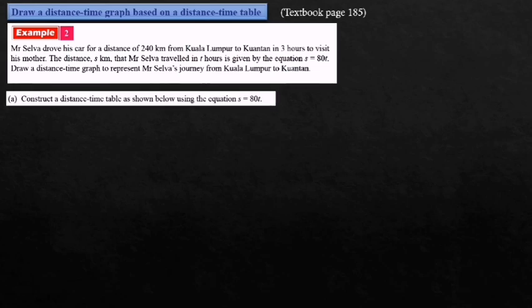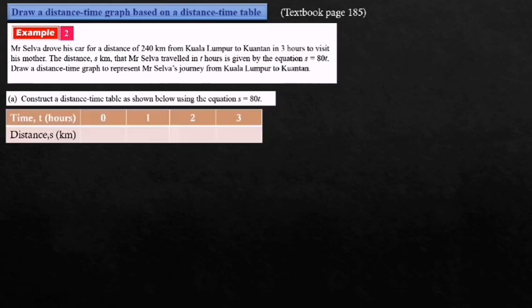A. Construct a distance time table as shown below using the equation S equal to 80t. As we know, our table must consist of distance and time. So for time, we have 3 hours, so I put the table here: 0, 1, 2, and 3.